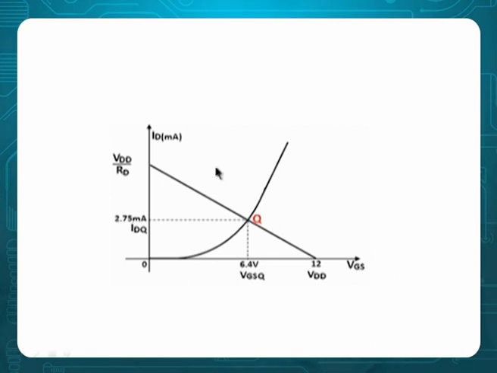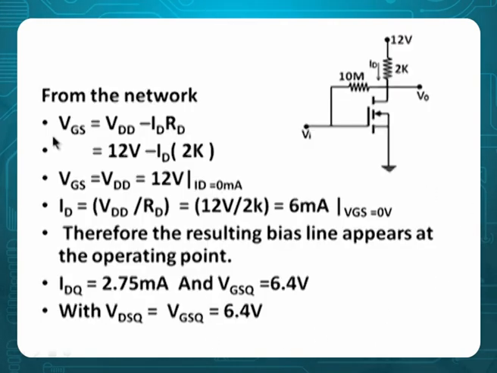What are the values substituted? Using that, from the output KVL, 12 minus 2 ID is equal to VDS. If you come this way, it is VGS. If you come that way, it is output. So VGS contains input, VDS contains output.